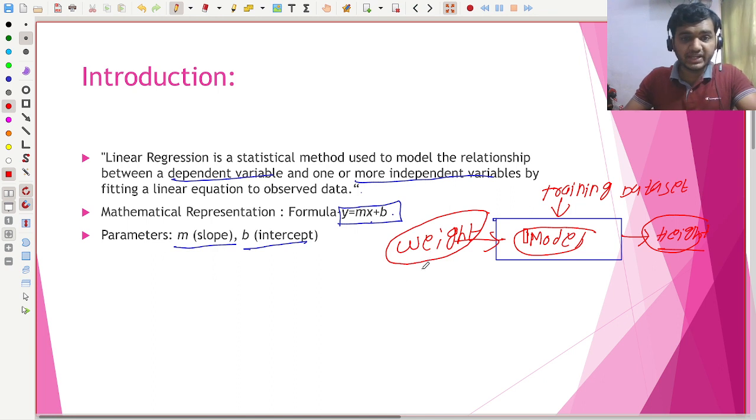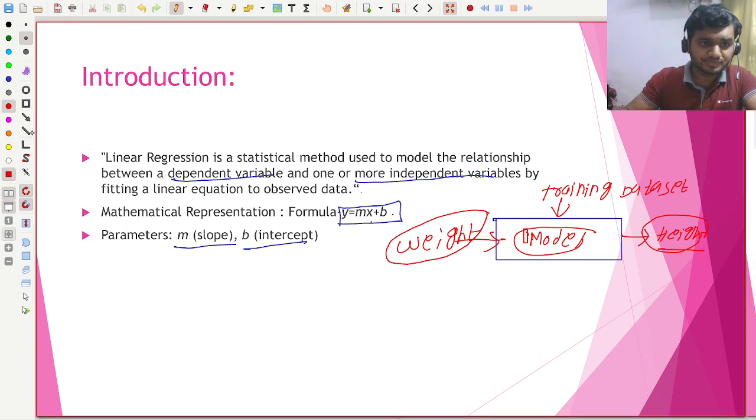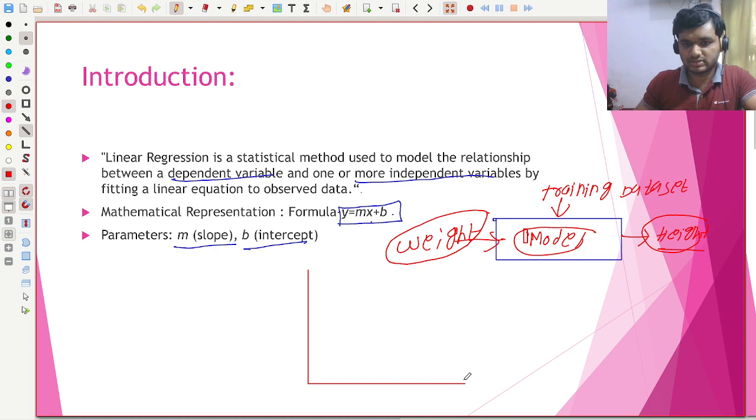To create a best fit line, the summation of error should be minimum. So we create a best fit line so that the error is minimum.